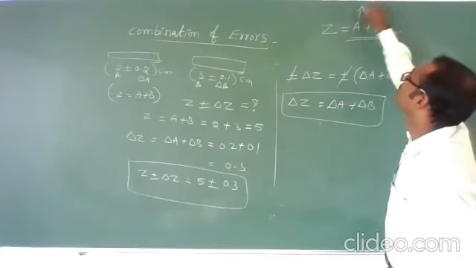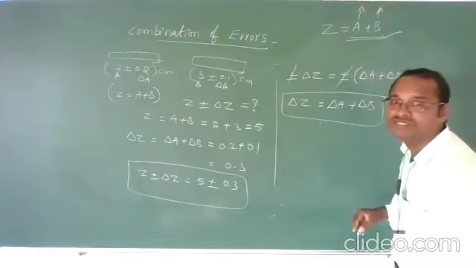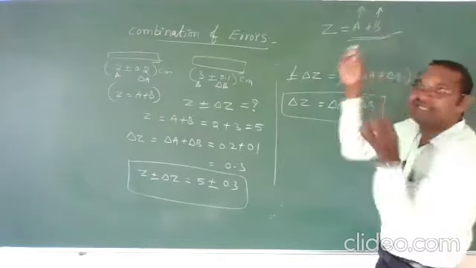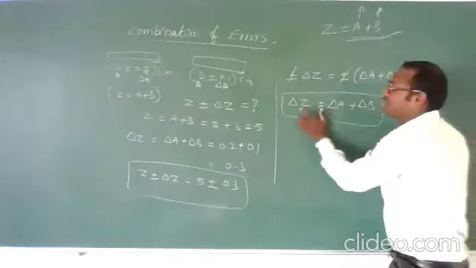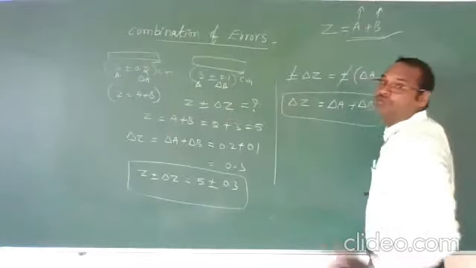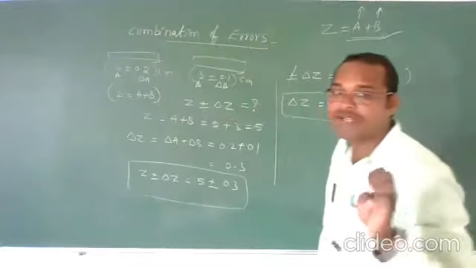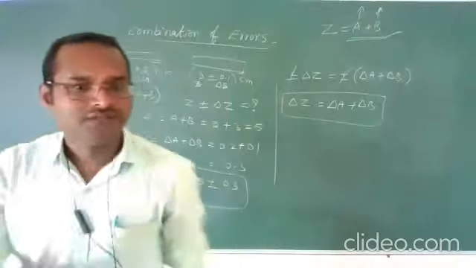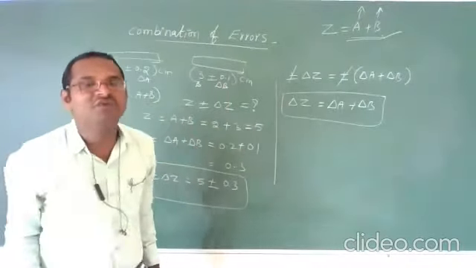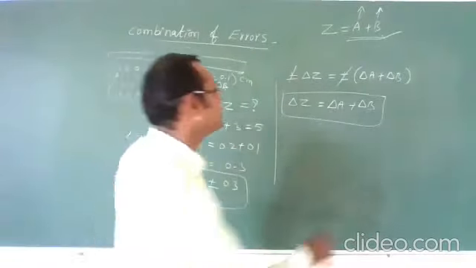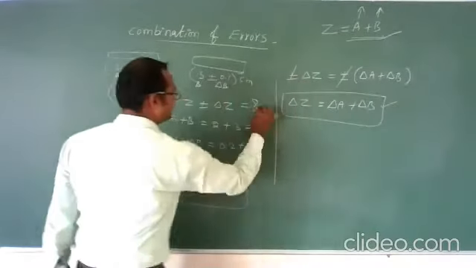A has some absolute error, B also has some absolute error. Those two absolute errors give you the absolute error in the result. This is the point you should remember. They won't ask you this derivation I have given, it is not important. Just this is important. You should remember.